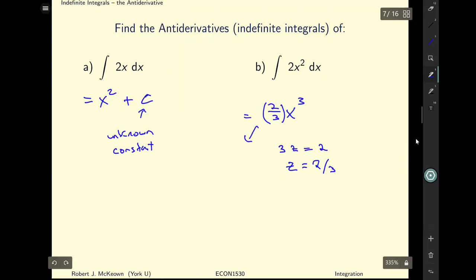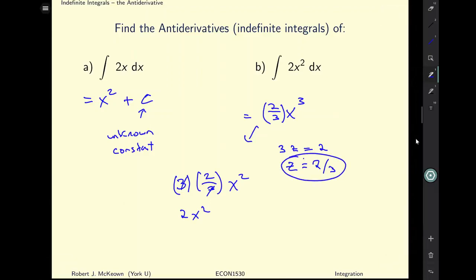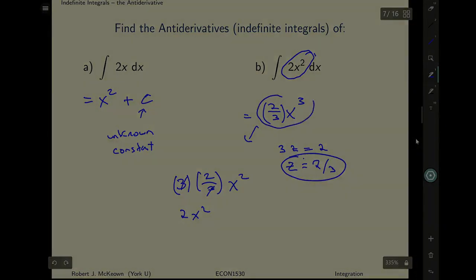Let's take the derivative of this thing. The 3 comes down. We've got 2 over 3 times 3x squared, and then the 3's cancel out and we're left with 2x squared. So I used a little bit of algebra, and I found that the integral of this thing right there is going to have to be this thing.